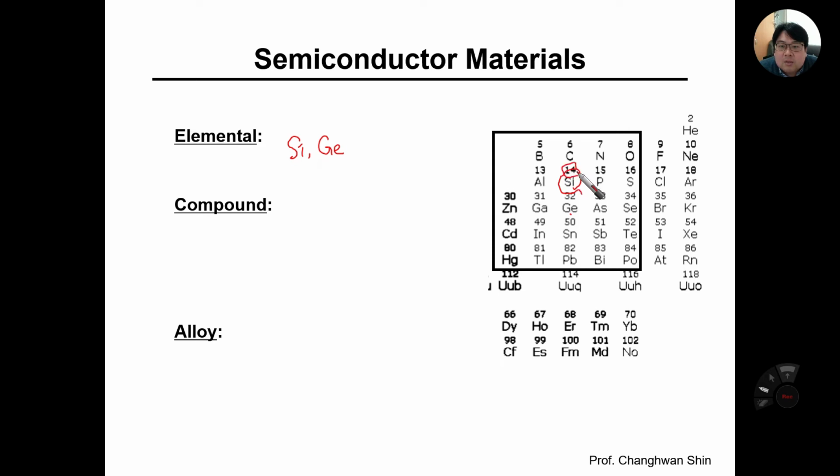The atomic number of silicon is 14, and the atomic number of germanium is 32. And here the carbon, its atomic number is 6. You know the meaning of the atomic number. In case of silicon, the atomic number is 14, which means it has 14 electrons per single silicon atom.